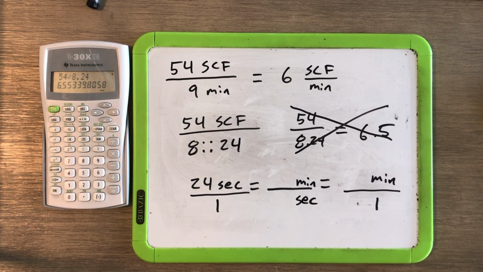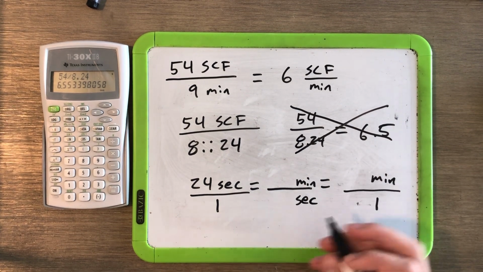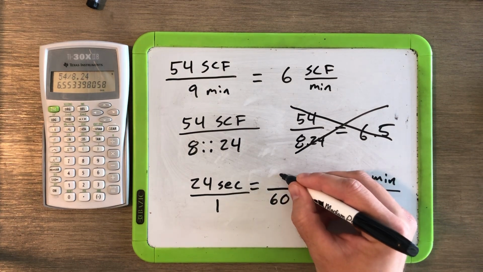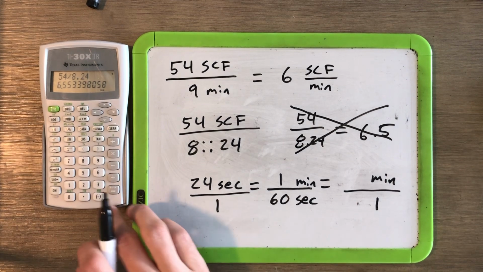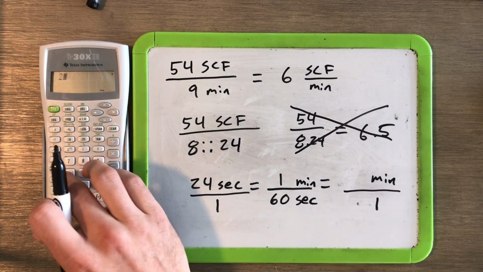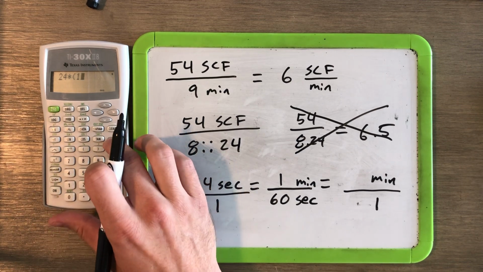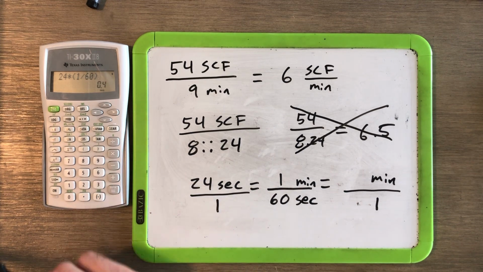So now the question is, what's the conversion factor for these two? Well, we know just by common sense that there's 60 seconds in every 1 minute, okay? So now we're gonna do our 24 times our conversion factor, 1 divided by 60, which is equal to 0.4.